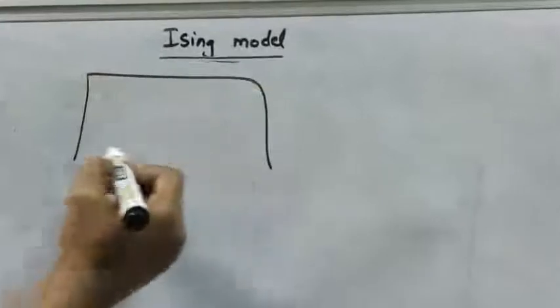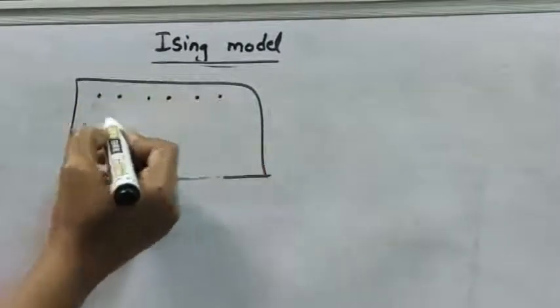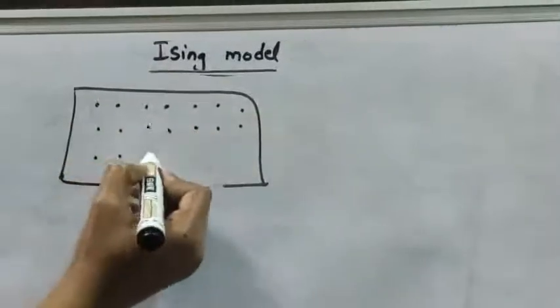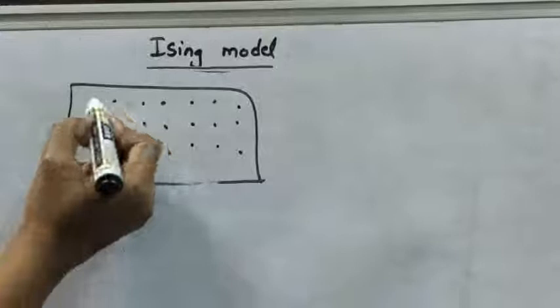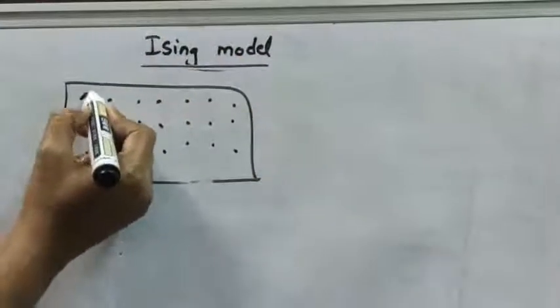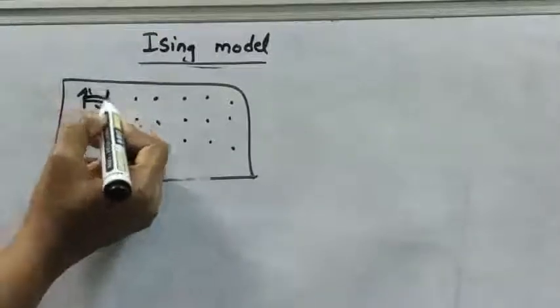Now this model assumes that the interaction exists only between the neighboring atoms. According to this model, the interaction exists between the neighboring particles.